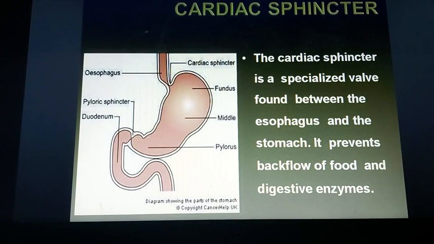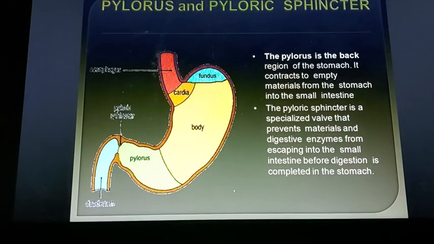The cardiac sphincter is a specialized valve found between the esophagus and the stomach. It prevents backflow of food and digestive enzymes.